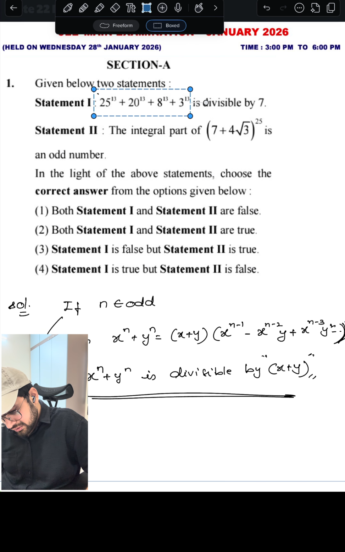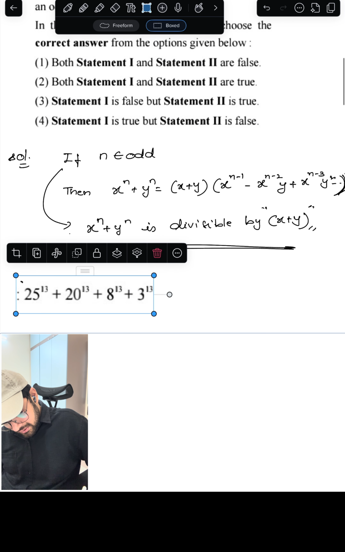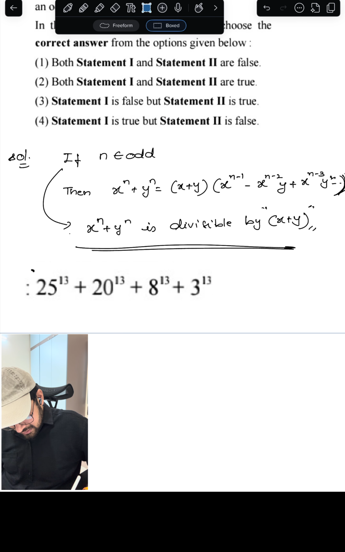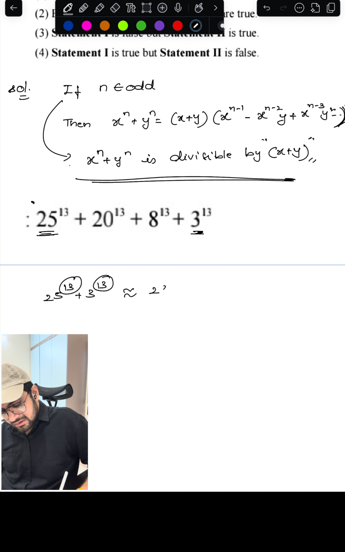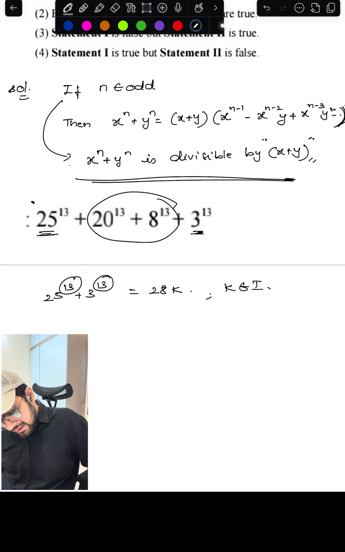Now here clearly you can see the summation. So what we can do is, 25 power 13, and I will club with 3 power 13 because I can get 25 plus 3, 28. So 25 power 13 and 3 power 13, as n is odd here, is divisible by 25 plus 3, that means 28. So it is of the form 28k1, where k1 is an integer, right?